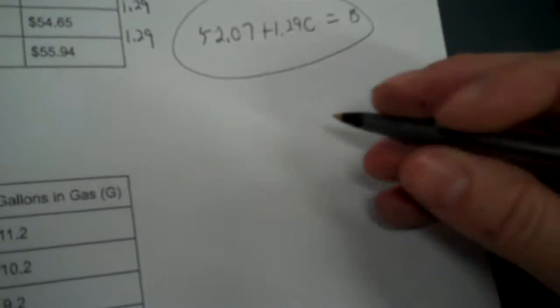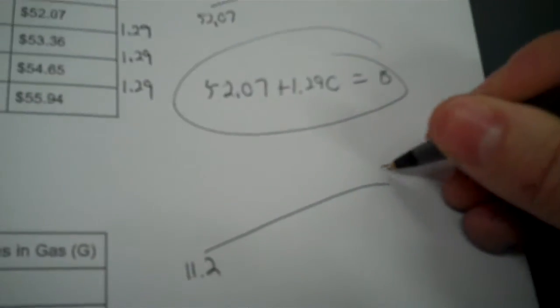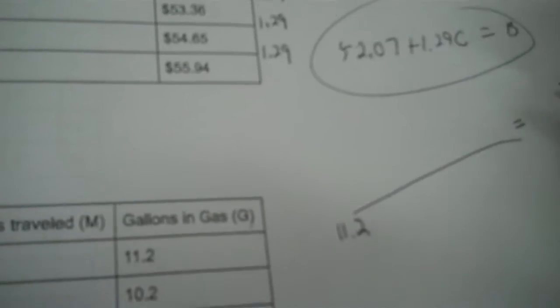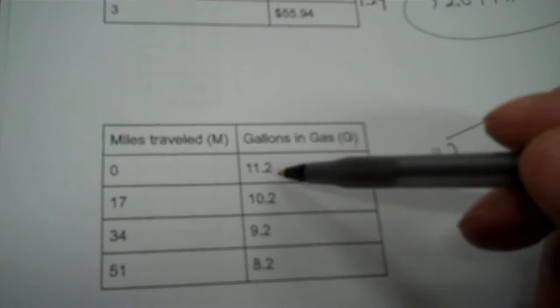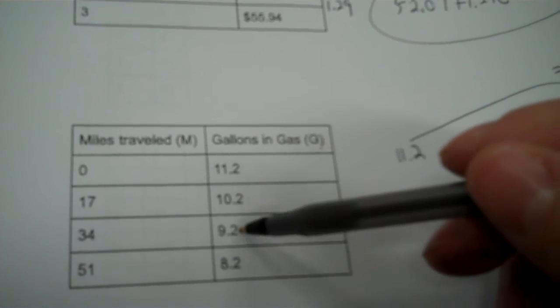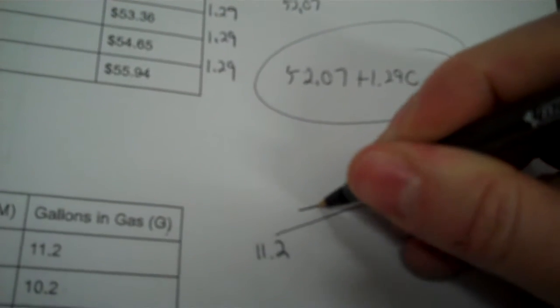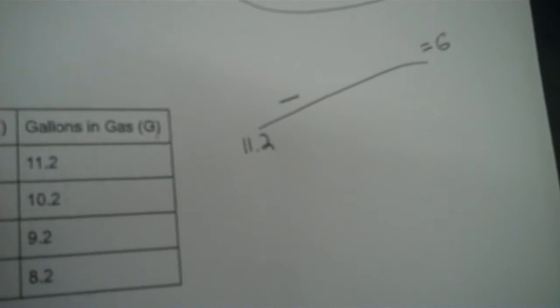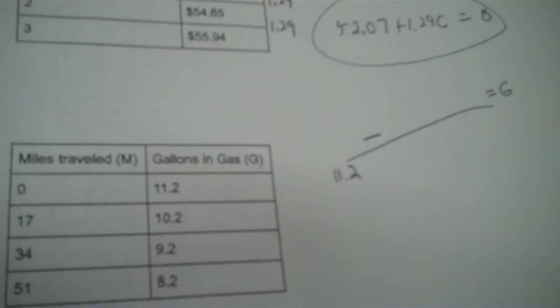Okay, then the last one. I start at 11.2, and up here I put equals G. Now this time I'm going down, okay? Throughout the table I'm going down. I can see that 11.2 to 10.2 to 9.2 to 8.2. So instead of writing a plus, you're going to put a subtraction sign. Now to figure out what you're subtracting, it's the same thing, but your highest number is now up here.